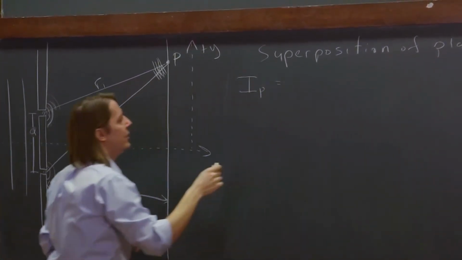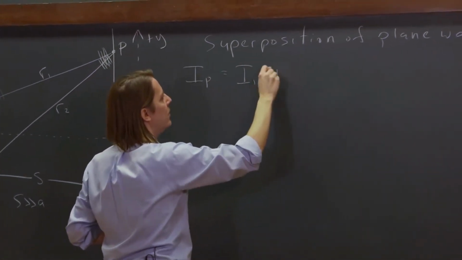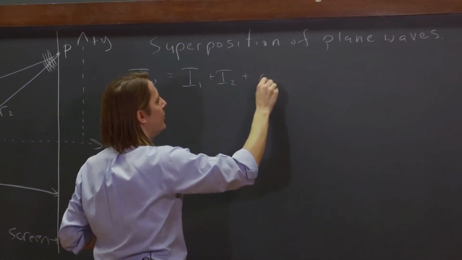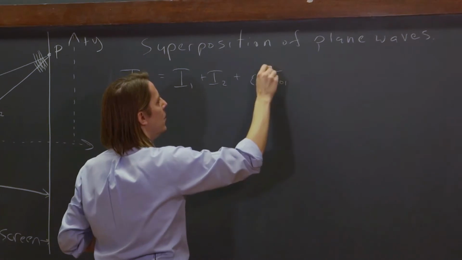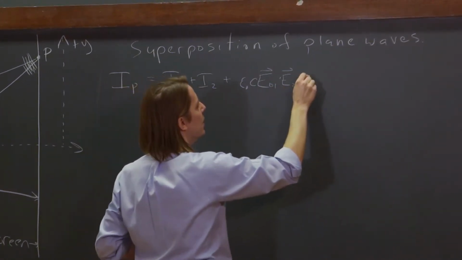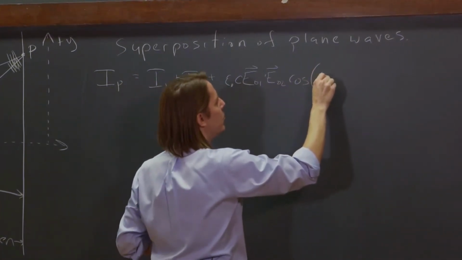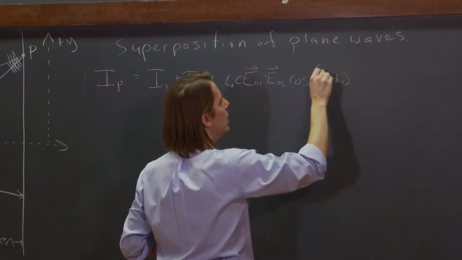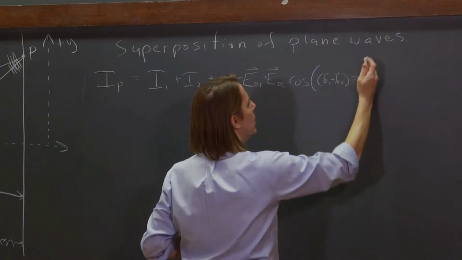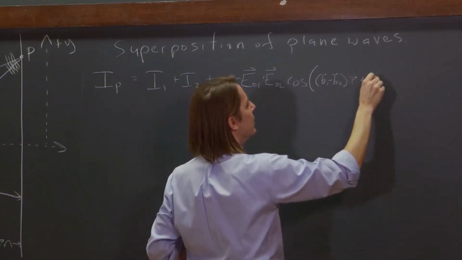If we had the irradiance at point P, it was the irradiance due to one wave plus the irradiance due to the other wave plus this cross term, epsilon naught c, E naught 1 dotted with E naught 2, times the cosine of the interference term, which is (k1 minus k2) dot r plus epsilon 1 minus epsilon 2 plus the phases.